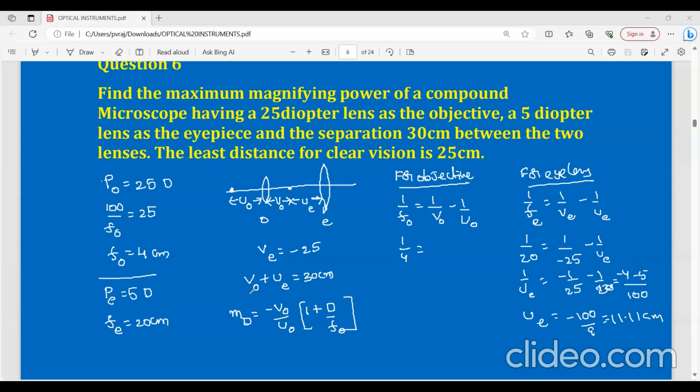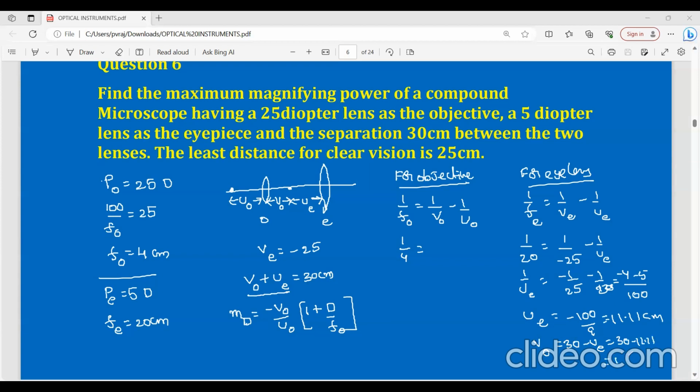And here I have written that VO plus UE is 30 centimeters. And already here I got the UE value. Then what is the value of VO? VO is nothing but 30 minus UE, which is equal to 30 minus 11.11.